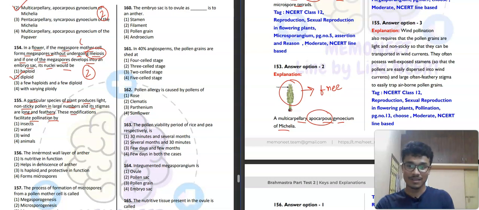If the pollen is non-sticky, then it will be easier for dispersal from one place to another place. And if the stigma is long, then that means more amount of contact. So also you can see in the explanation it is written that wind pollination requires that the pollen grains are light and non-sticky so that they can be transported in wind currents. They often possess well exposed stamens so that the pollens are easily dispersed in wind currents, and large, often feathery stigma easily trap airborne pollen grains. That's why third option will be our correct answer for this question.